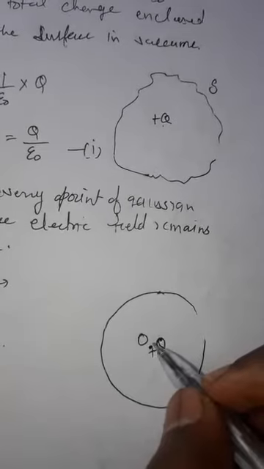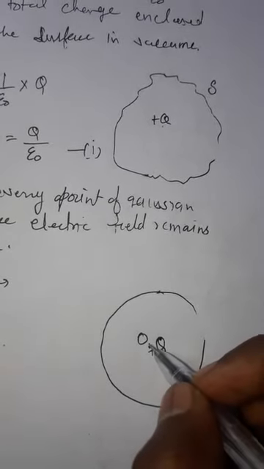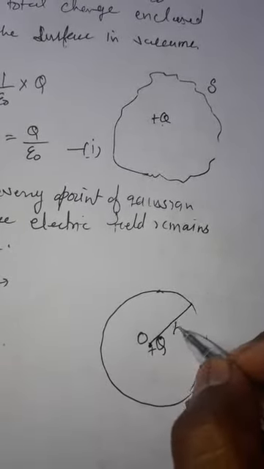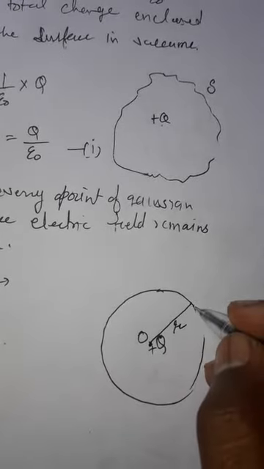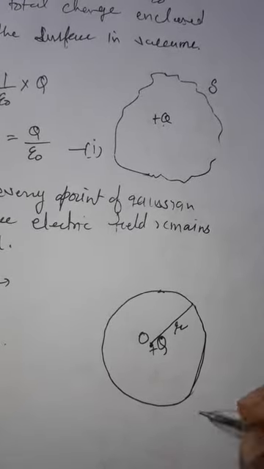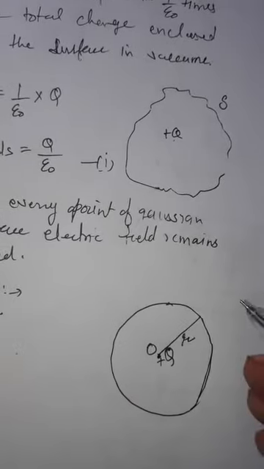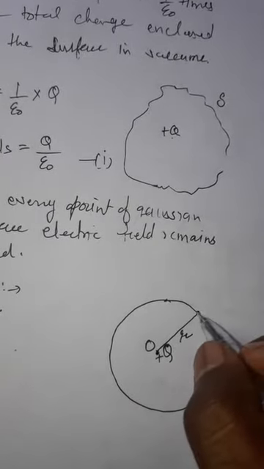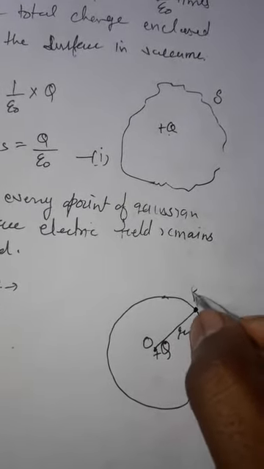Let the radius of this sphere be r. Now consider any point P on the surface of this sphere.